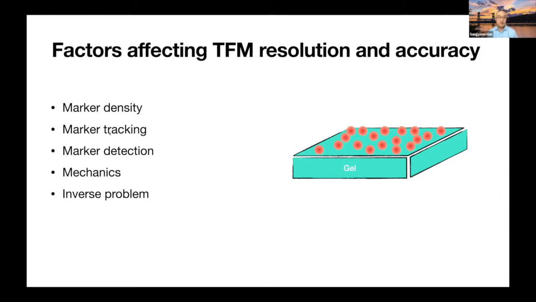And also, if we track these markers better, and detect these individual particles better, then we have better accuracy. Mechanics and the inverse problem are also involved. If we know the gel mechanics better, then we can infer better. And if we solve the inverse problem better, then we infer a better traction force distribution. So those are the factors.